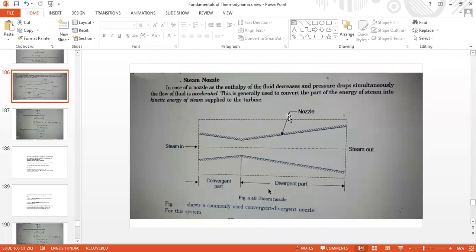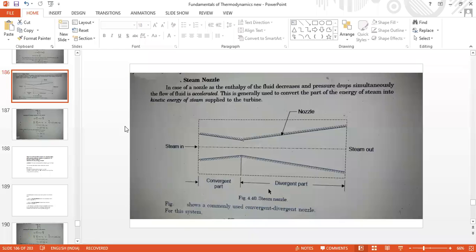Steam nozzles are convergent divergent nozzles, or any type, depending on the velocity required and the pressure energy. The higher the pressure energy, this type of nozzle is used, and for lower pressure energy, the convergent portion alone is sufficient. That is another matter, we don't attempt it.